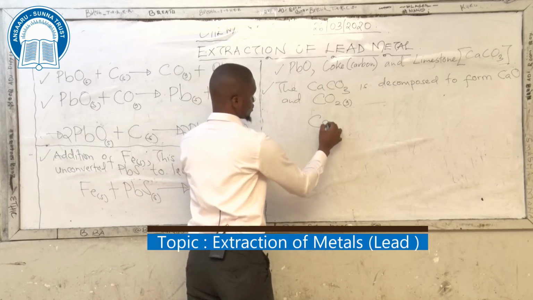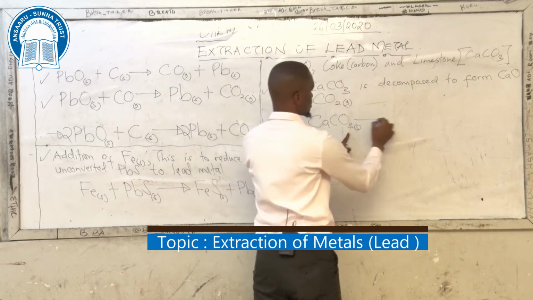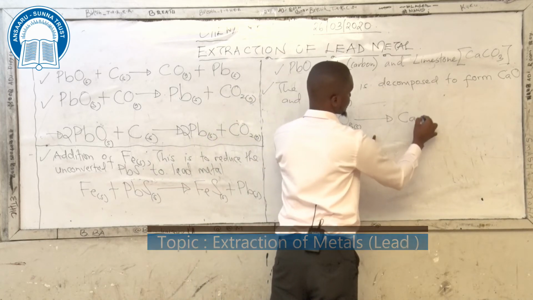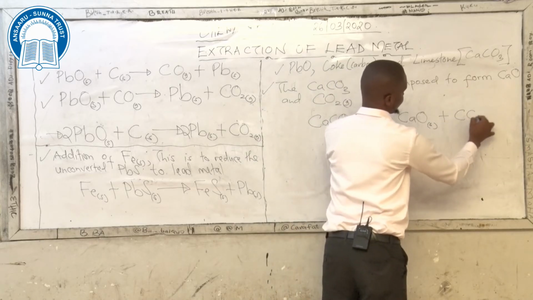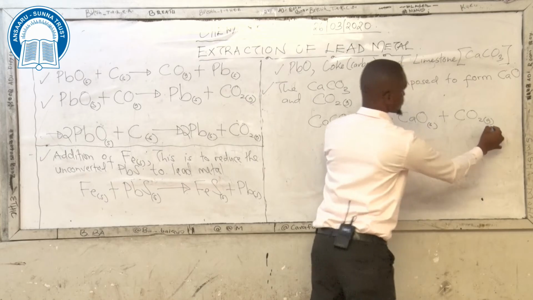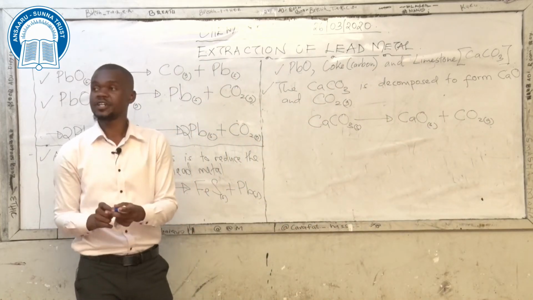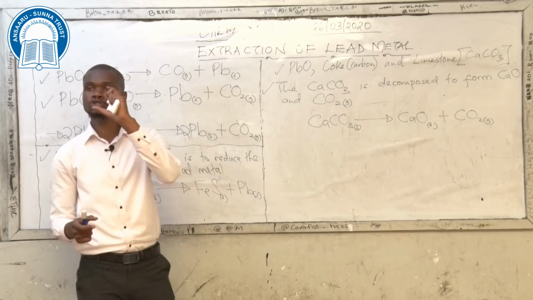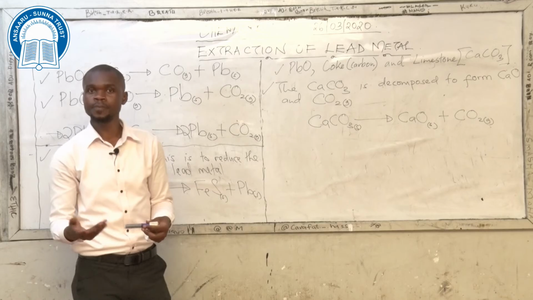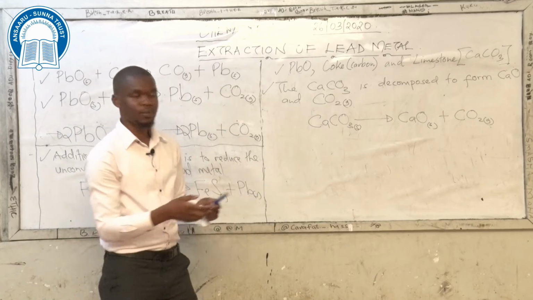That is calcium carbonate, the equation, decomposing to form calcium oxide plus carbon dioxide gas. The fate of carbon dioxide gas is known. And the fate is that the carbon dioxide formed will be reduced by coke to carbon 2 oxide, which is one of the reducing agents. What about calcium oxide?